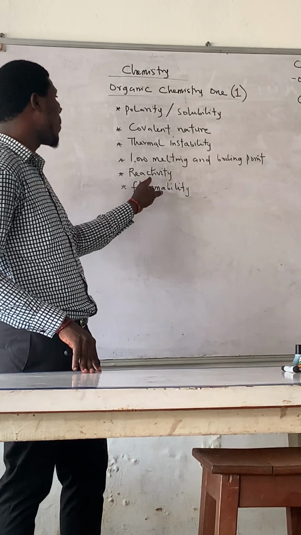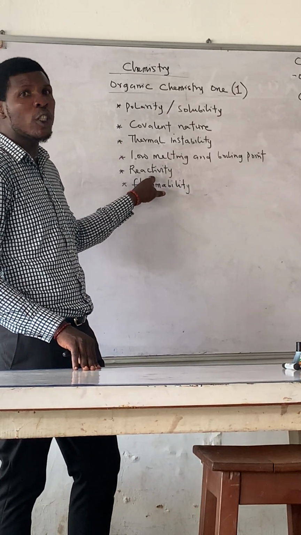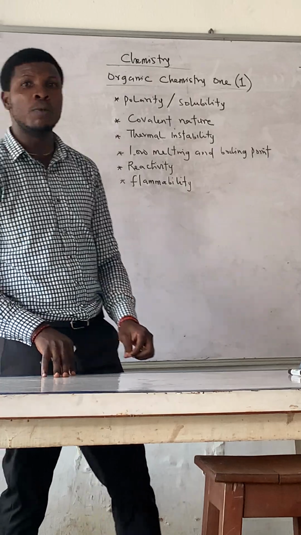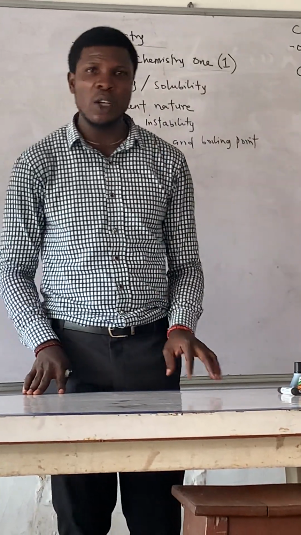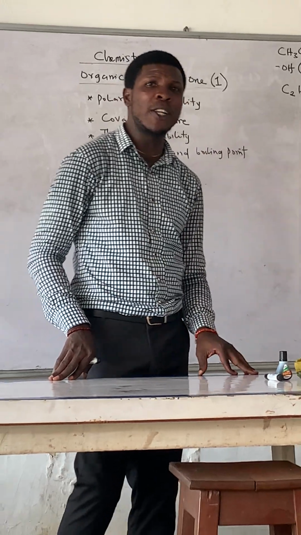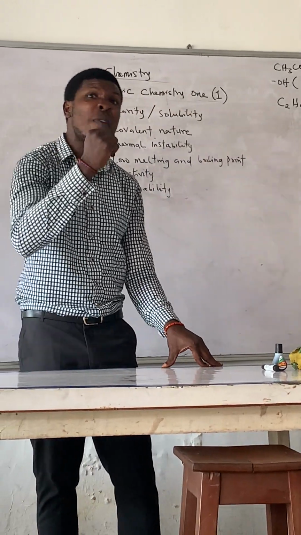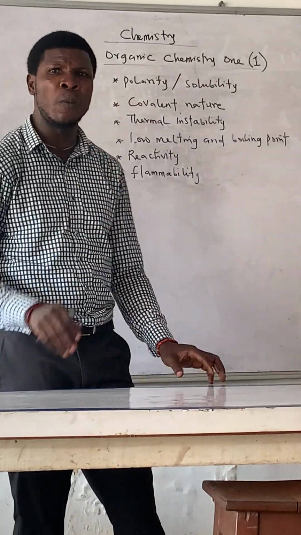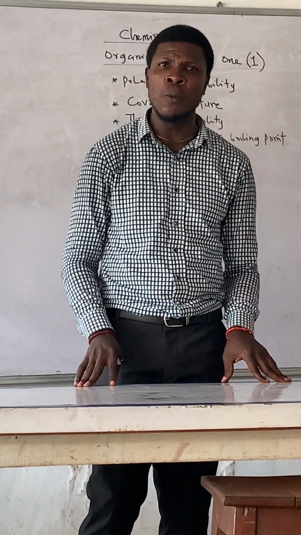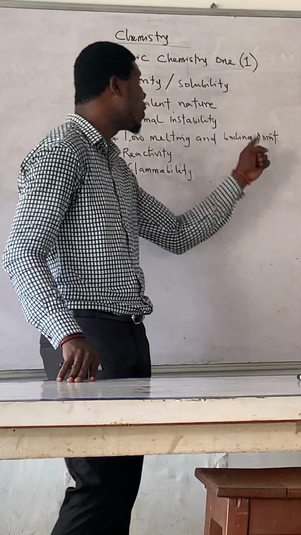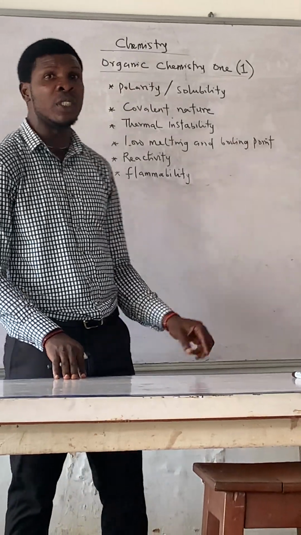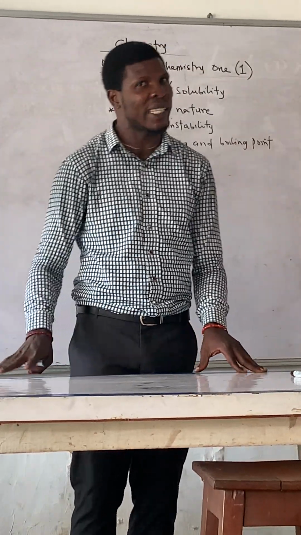We now go to the next property, which is called reactivity. Of course, we are concerned about reactions involving organic compounds. I can boldly tell us that most of the reactions involving organic compounds are usually very, very slow. Because they are very slow, there is no organic reaction you see in this part of chemistry that is not enhanced by a catalyst.